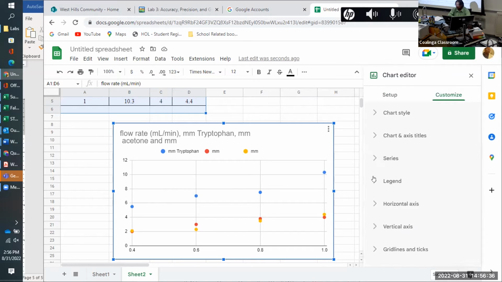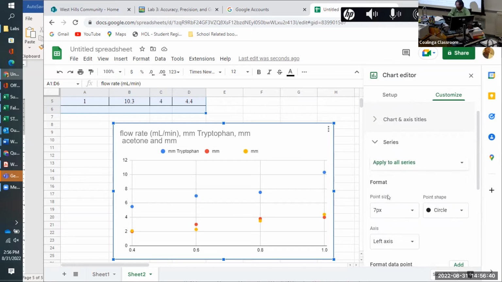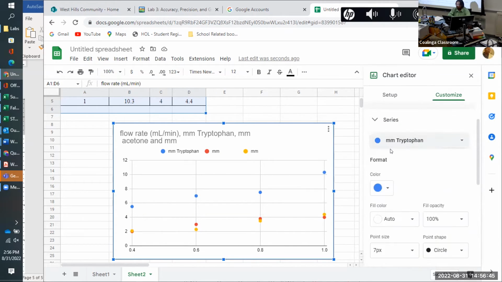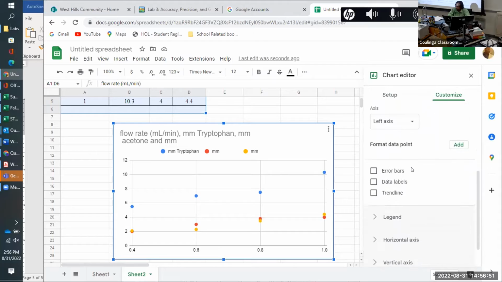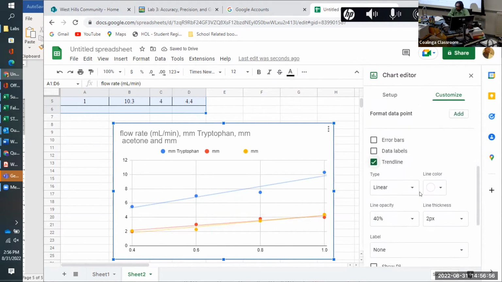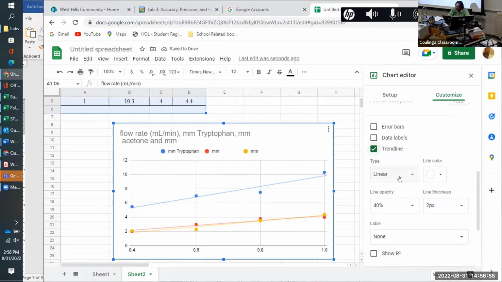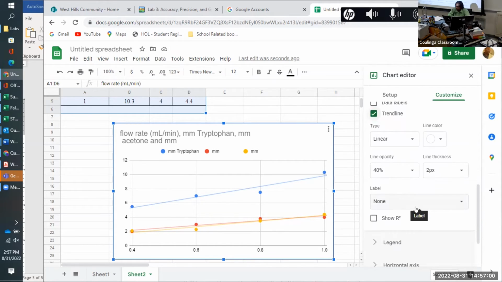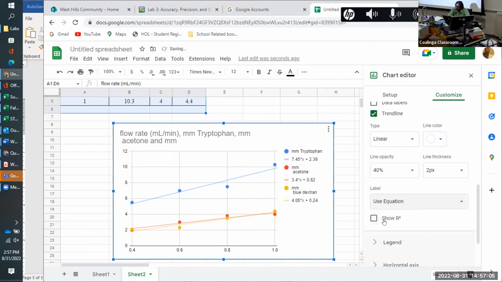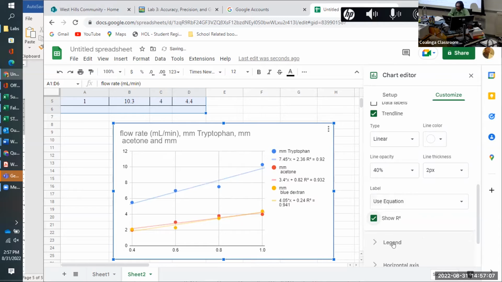So then I'm going to go to custom. Going to go down to series. And so I have the option of applying it to all of these series, or I could just apply it to one of them. Apply it to all of them. So I'm going to add a trend line. I'm going to make it linear. I'm going to use equations, and I'm going to show R values.